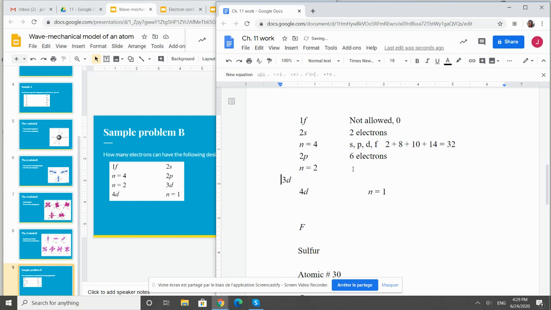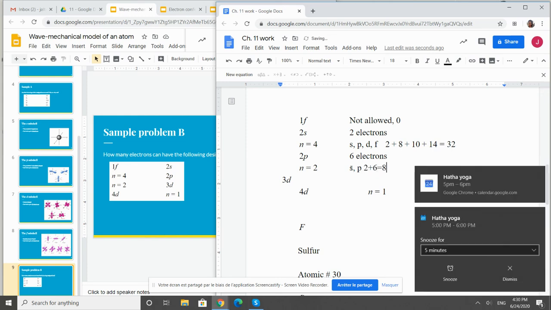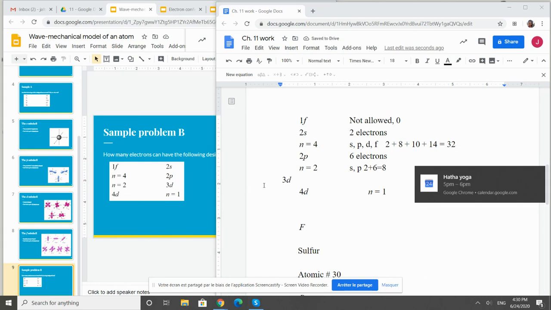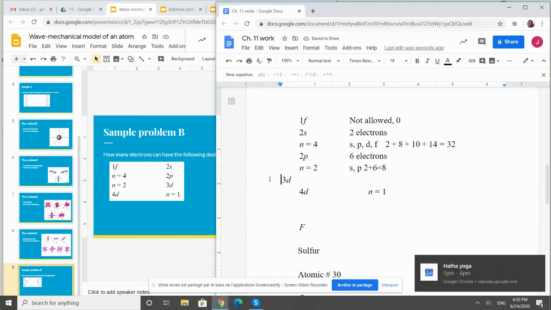N is equal to 2, I'm going to need to figure out what subshells there are. So that has s and p, which means 2 plus 6 is 8 electrons. Now for 3d, that is allowed, and it's d, so 10 electrons. 4d, that is allowed, so again, just 10 electrons. And then n is equal to 1, that is just s, so therefore it is 2 electrons.